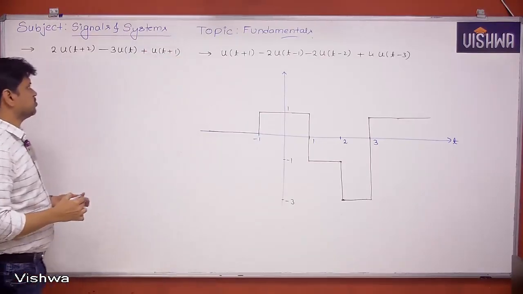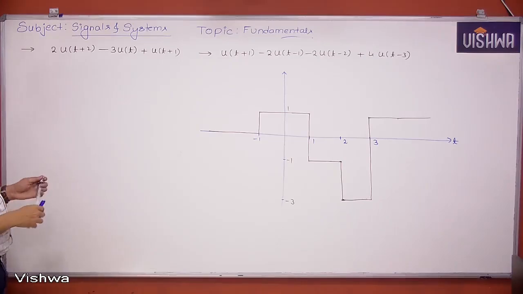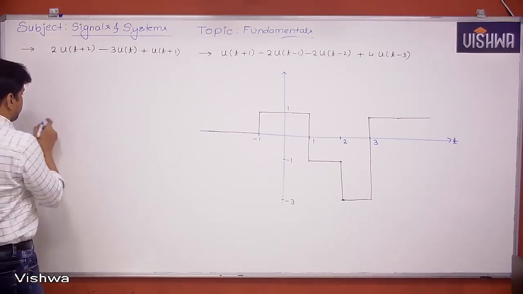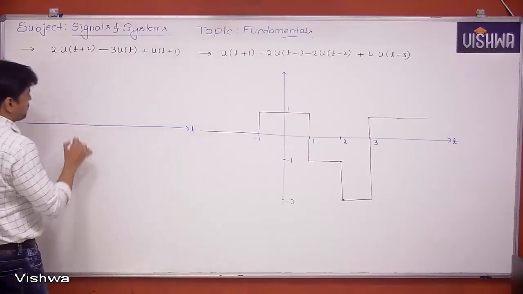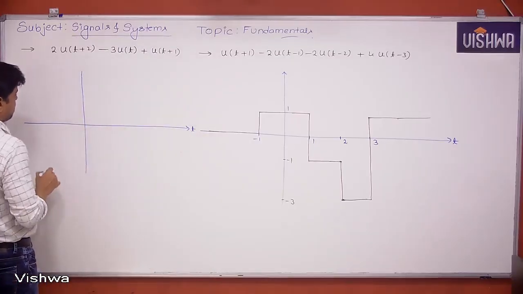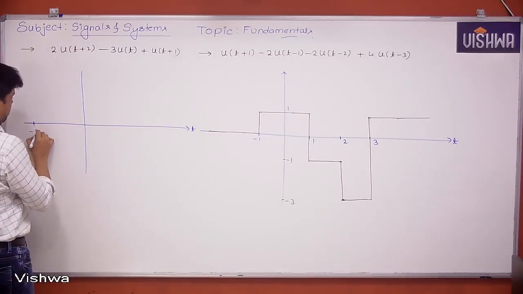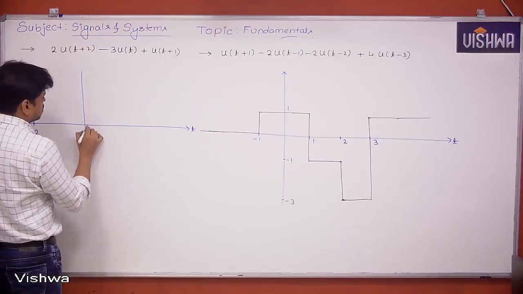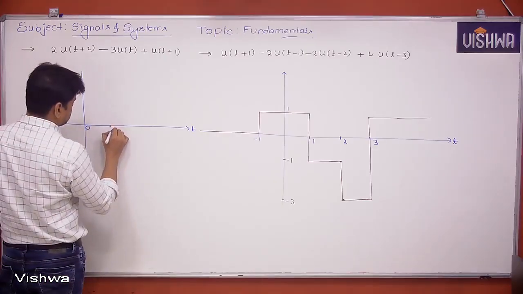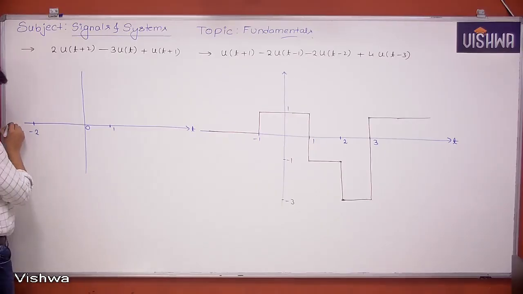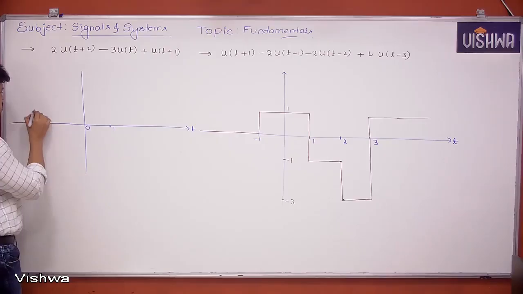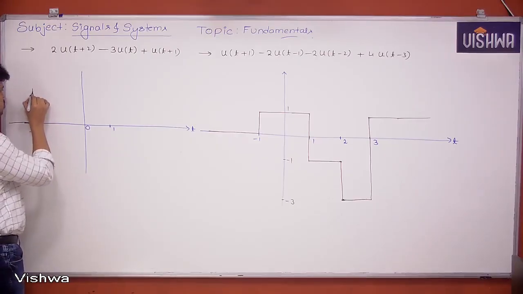Draw this function. -2, 0, +1. These are the points of discontinuity, 3 discontinuity points. So up to -2, the amplitude is 0. At -2, it will jump to a new value which is 2.